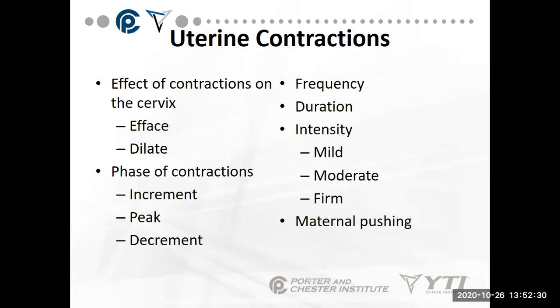So the frequency, how frequent is it going? In your book it says frequency is the elapsed time from the beginning of one contraction until the beginning of the next contraction.